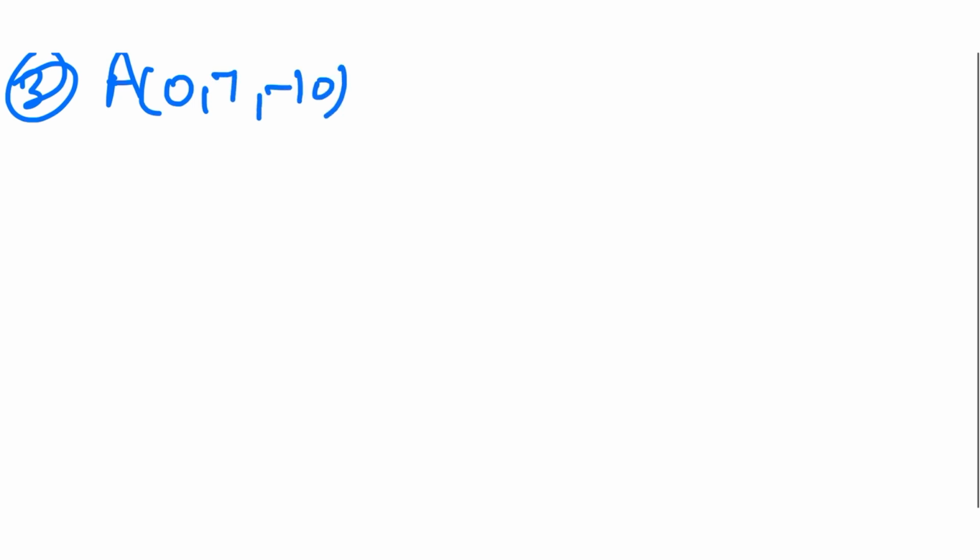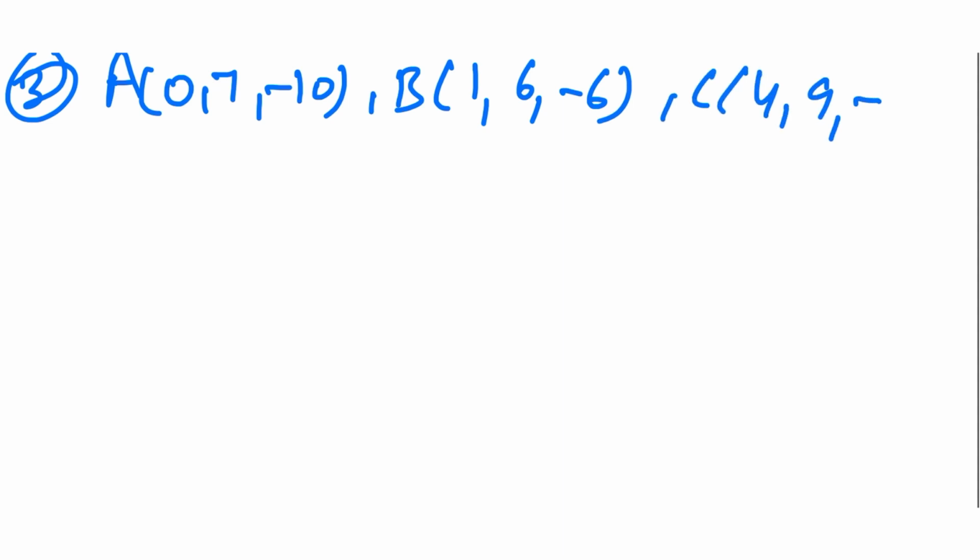Now we have another question in which we have to verify that the given points are the vertices of an isosceles triangle. As we know, an isosceles triangle has two equal sides. So we are taking these vertices: A is (0, 7, minus 10), B is (1, 6, minus 6) and C is (4, 9, minus 6).